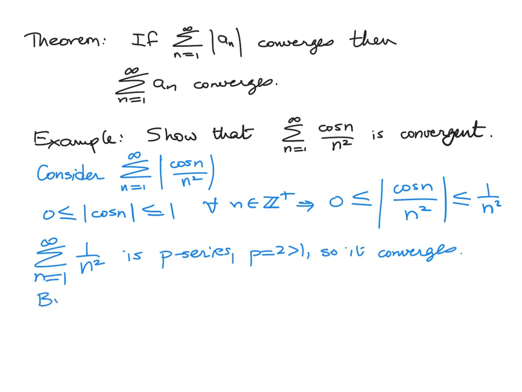By the comparison test, sigma n equals 1 to infinity of the absolute value of cosine n over n squared also converges.